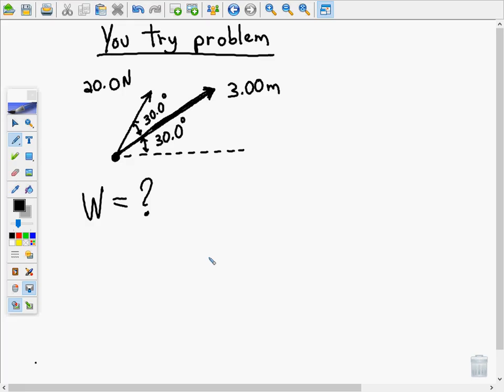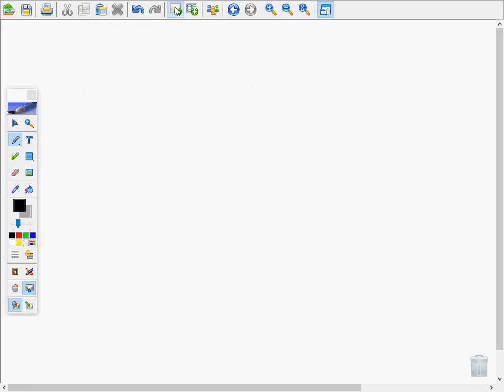So I'm going to ask you to answer these questions on the next page, and then check in with your table partner and see if you're getting the same answers. Now keep in mind, the unit vector I has a magnitude of 1. If I wanted to find the magnitude of unit vector I, it would be 1.